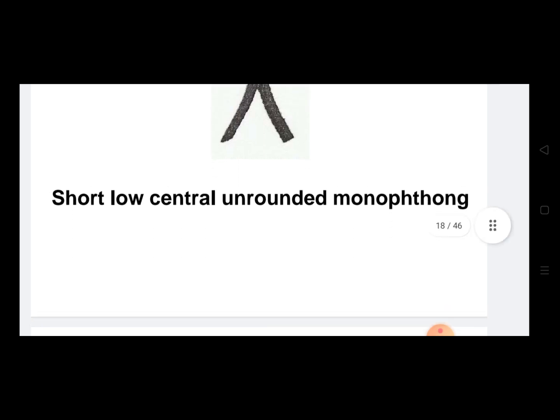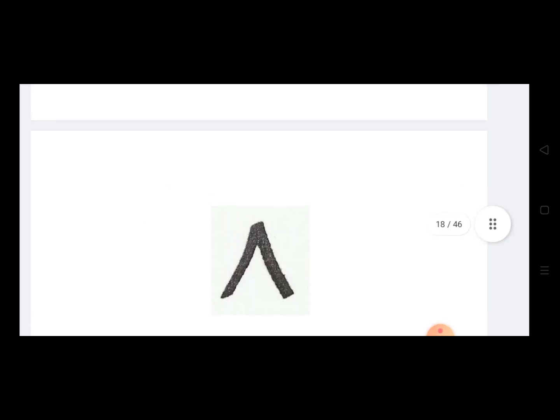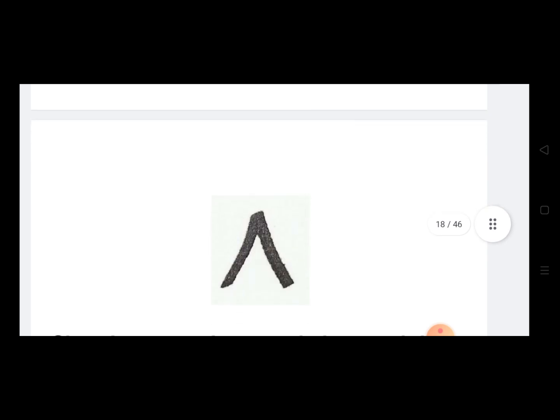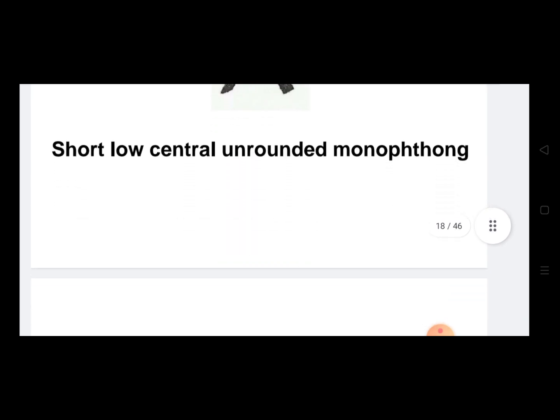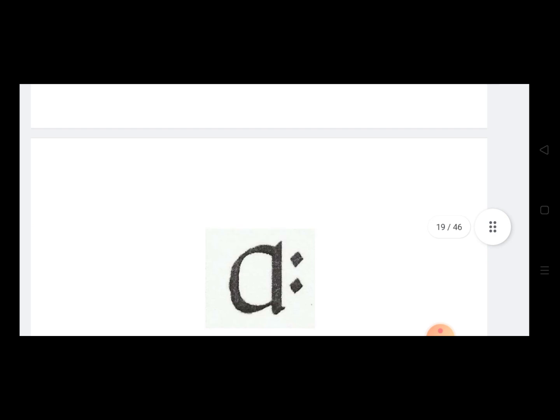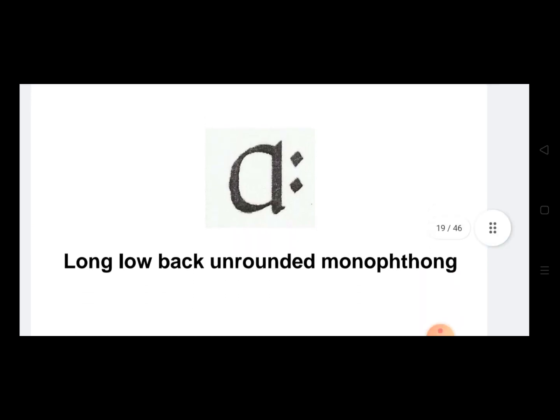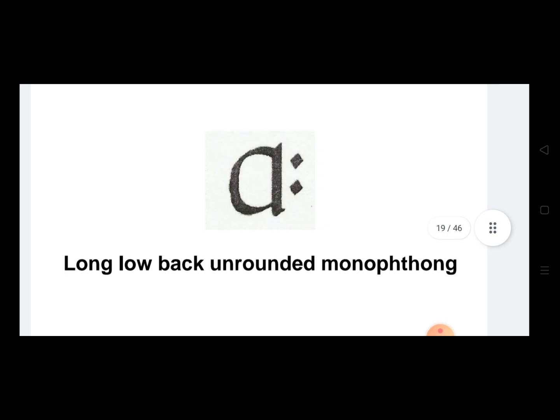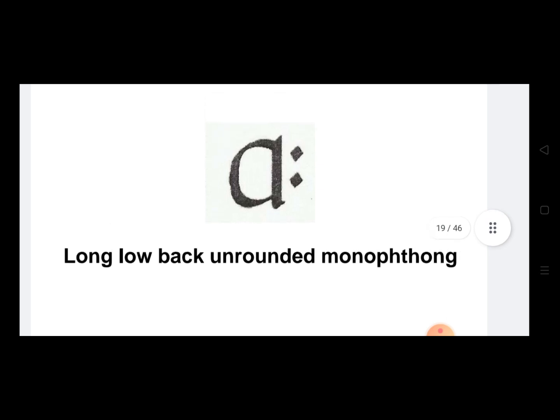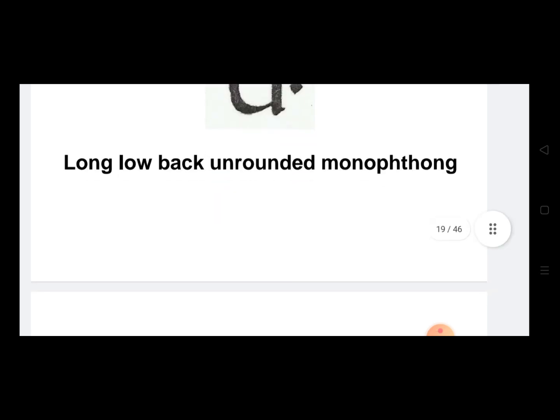The pronunciation of these vowels seems to be similar, but there is a little difference, and native speakers better differentiate them. We learn English as a second language, so we face problems. And this is a long low back unrounded monophthong.